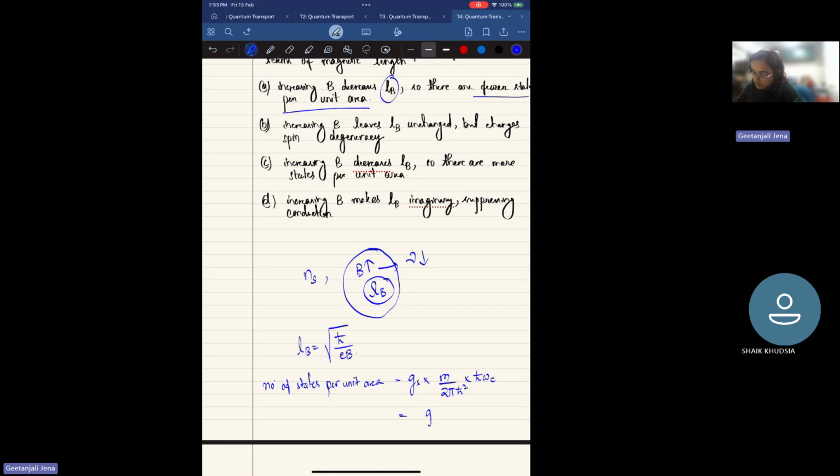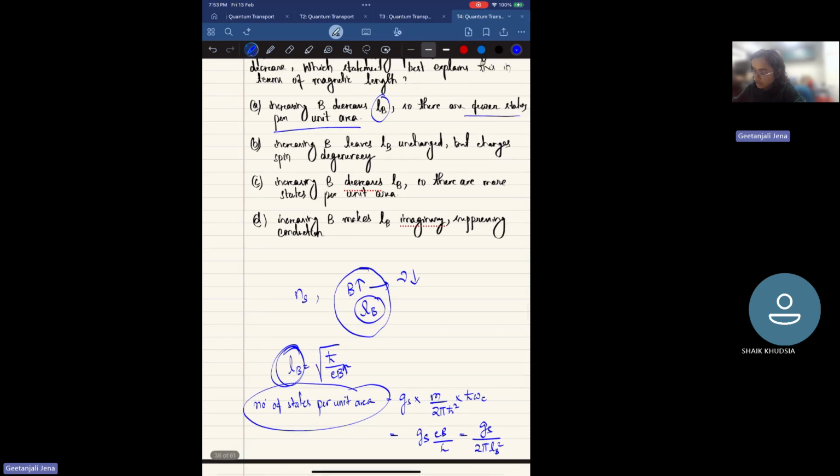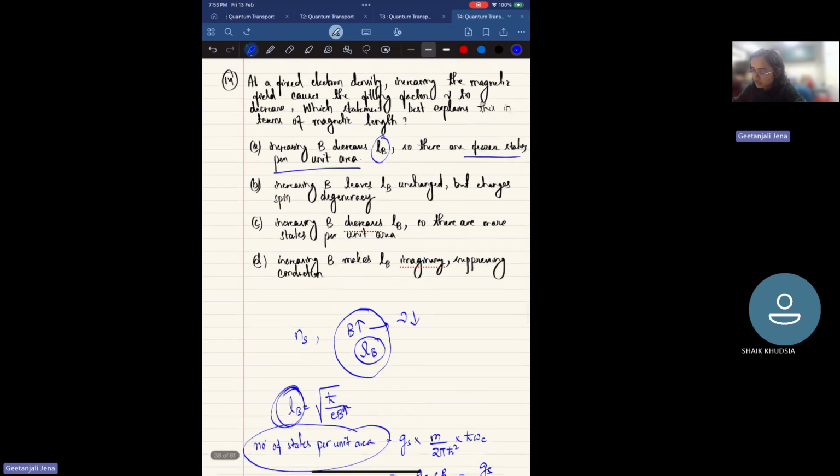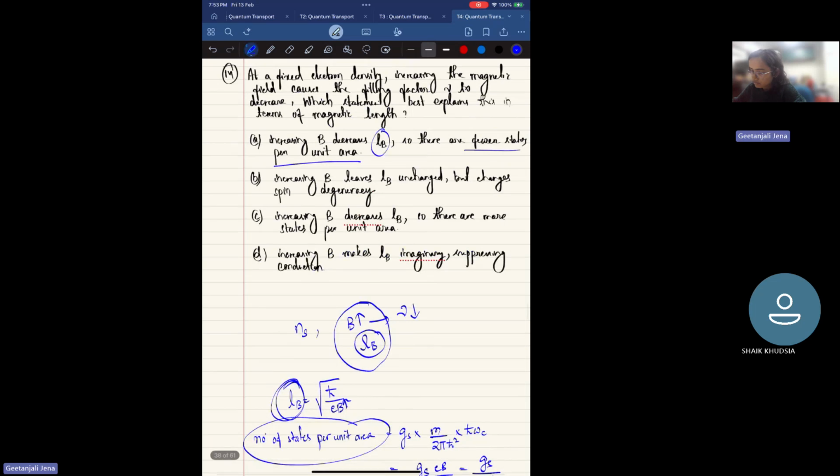So this is gs eB by h, or gs by 2 pi LB square. So when you increase B, that means the magnetic length will now decrease. And the magnetic length is decreasing, that means the number of states will now increase.